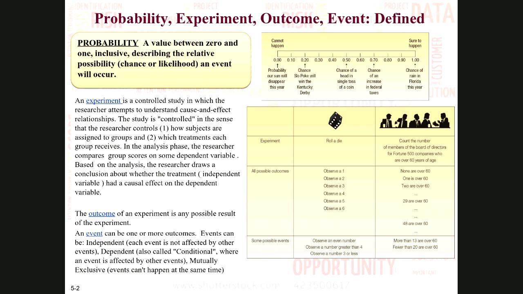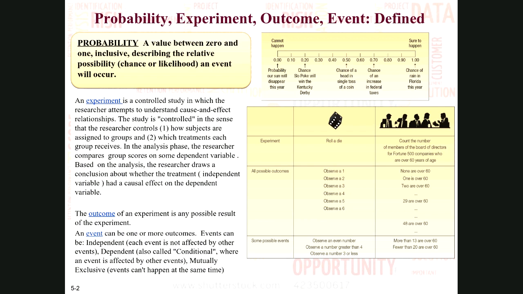An experiment is a controlled study in which the researcher attempts to understand cause and effect relationships. The study is controlled in the sense that the researcher controls how subjects are assigned to groups and which treatments each group receives.